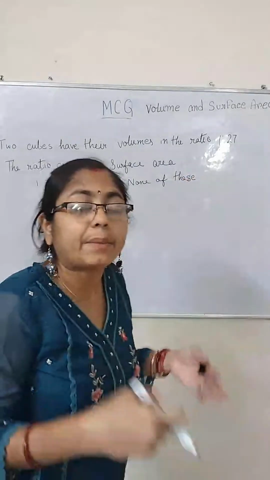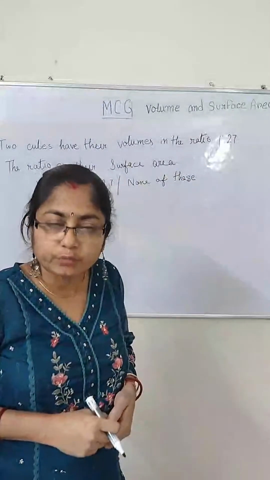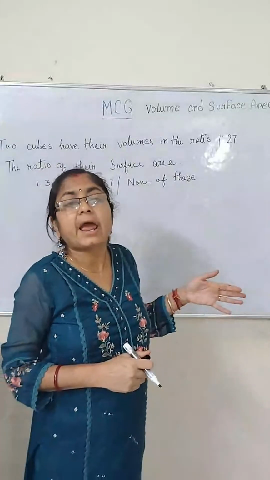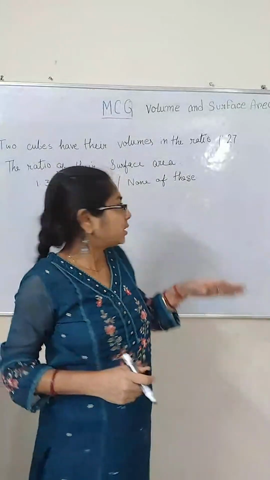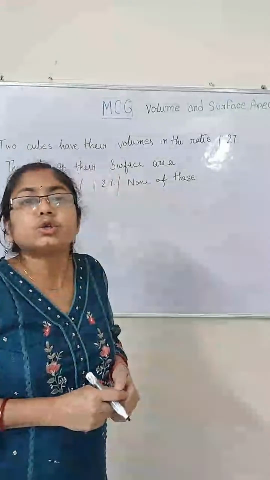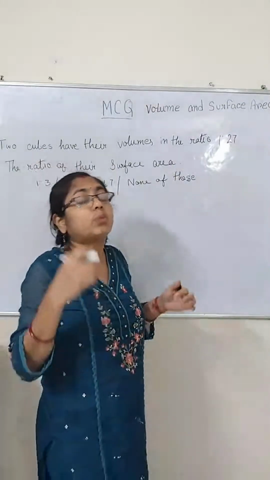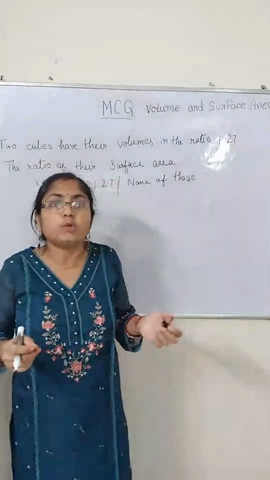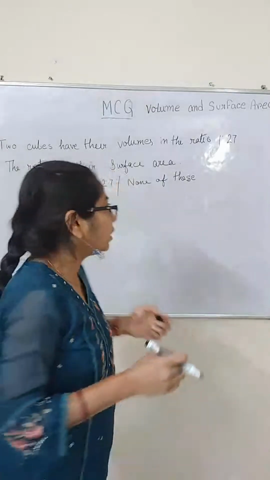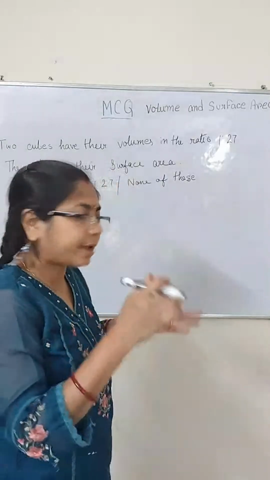Here we also apply two formulas. One is the volume formula, which is given, and another one is the surface area formula. So first we start with the volume formula. But one thing here: the volume is in ratio format, A by B format.